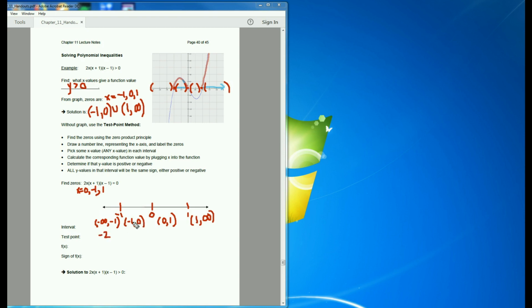Now this is going to be a little bit of a hassle because we have to pick something in between -1 and 0. So let's just go right in the middle and pick -1/2. Same thing here, let's pick +1/2. And then here, let's pick x equals 2.